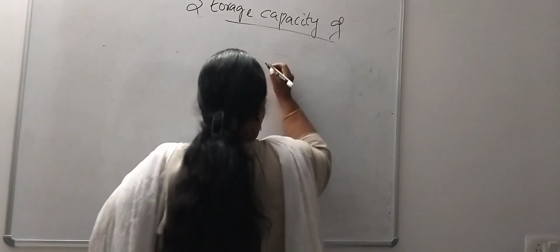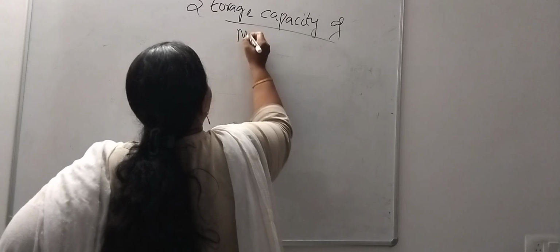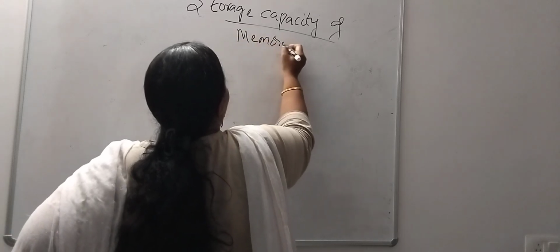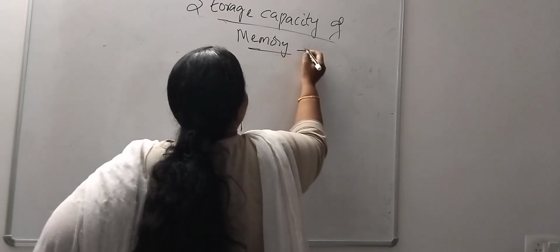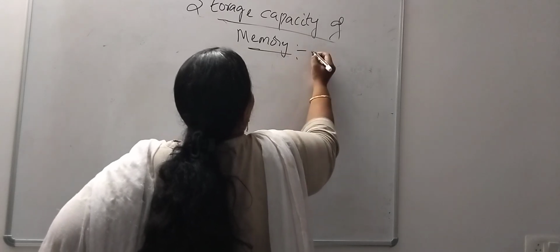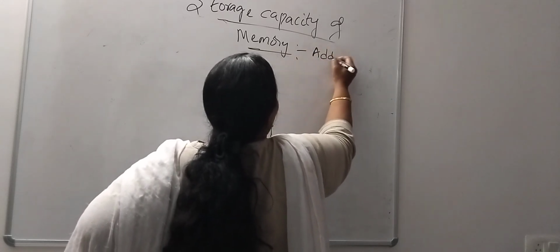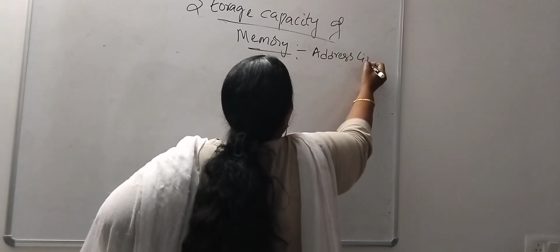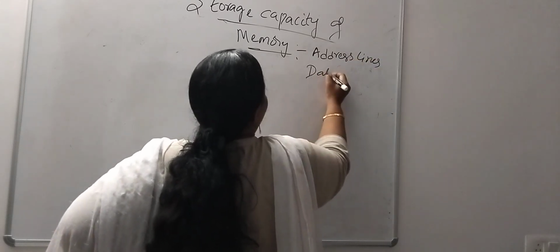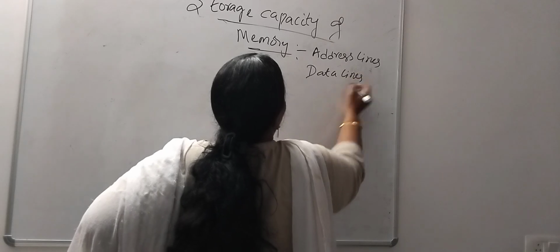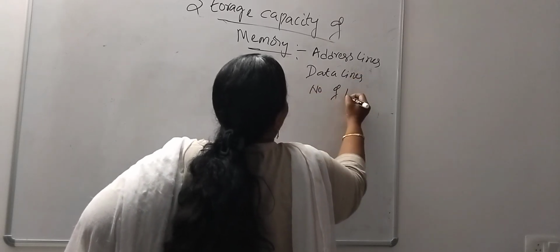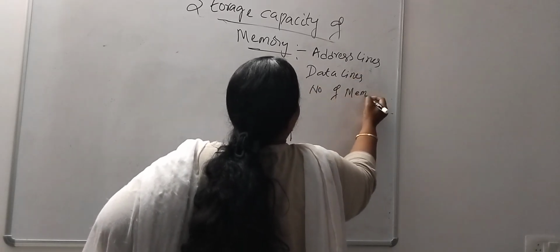So now we will calculate the storage capacity of memory. From this one you can find out address lines, next is data lines, and third is the number of memory locations.